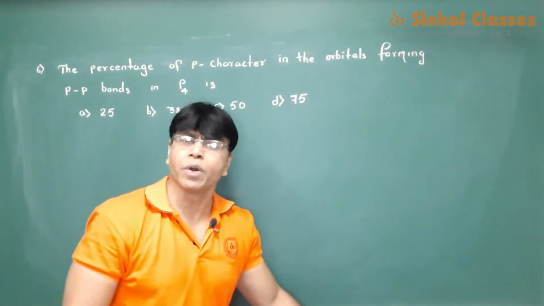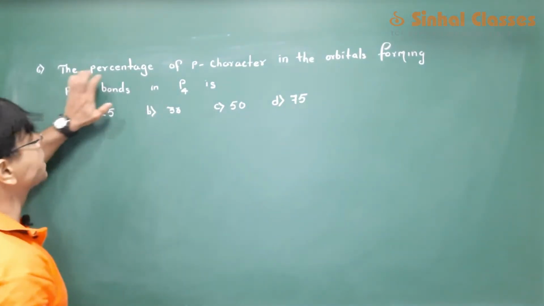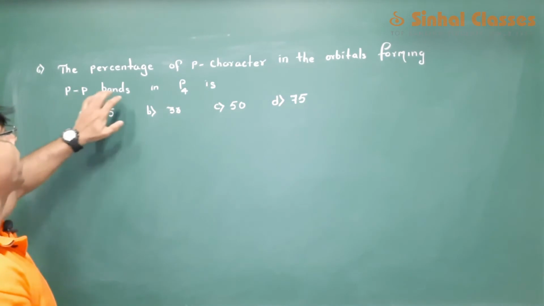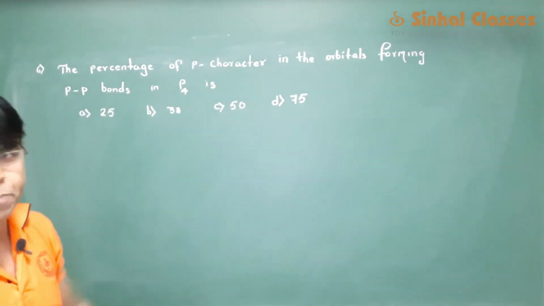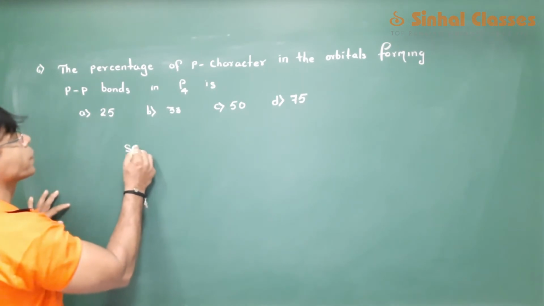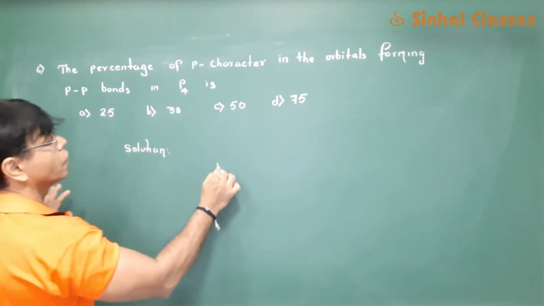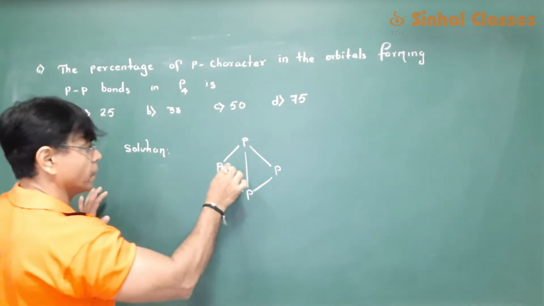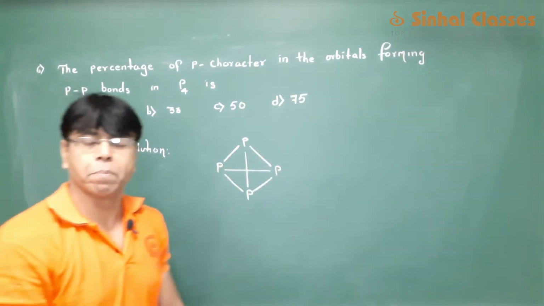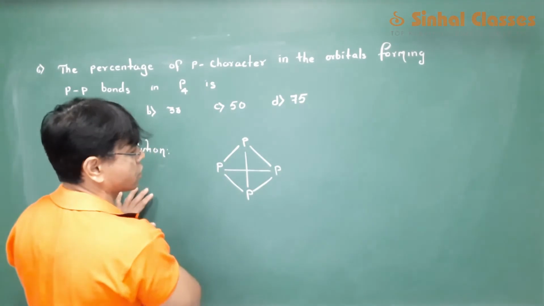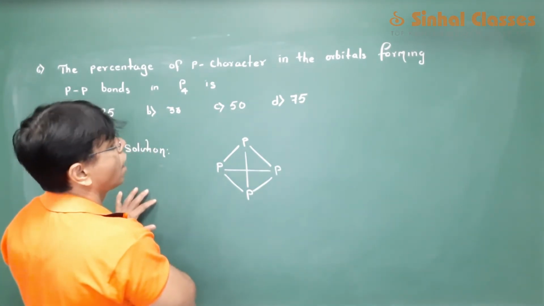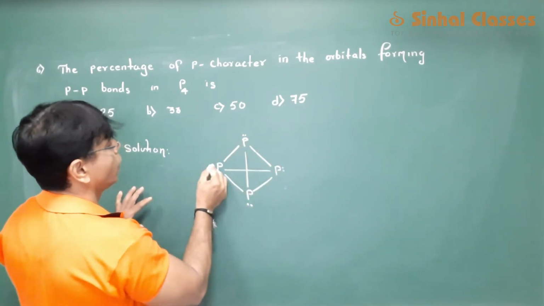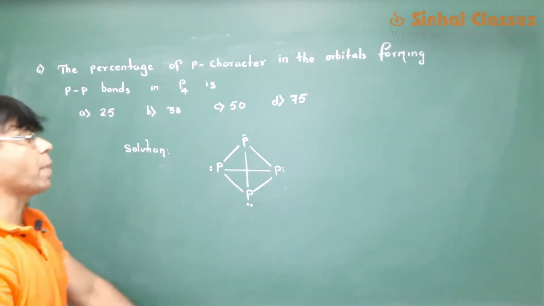So student, let's see one more question, and that is: the percentage of p character in the orbitals forming P-P bonds in P4S. Now P4, phosphorus, has this structure. If you take this phosphorus, it has one lone pair of electrons.